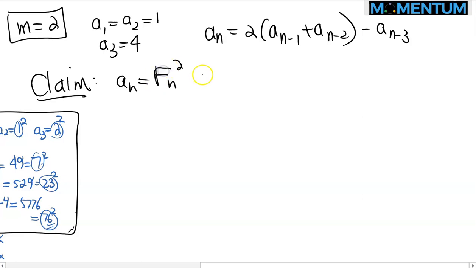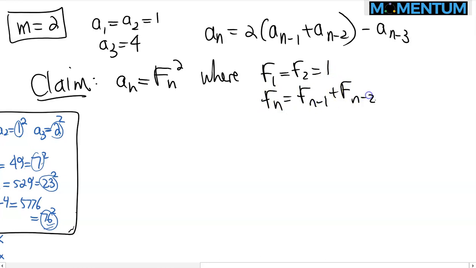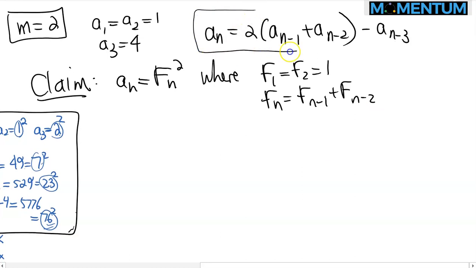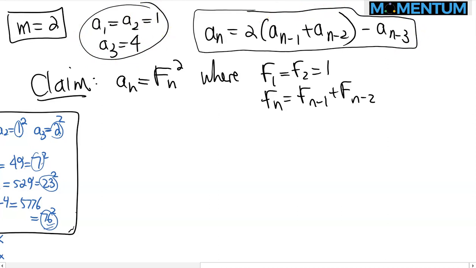F sub n squared, where f sub 1 is equal to f sub 2, which is equal to 1, and f sub n is equal to f sub n minus 1 plus f sub n minus 2. So I want to show you that if there is such a sequence a_n which satisfies this recursive relation as well as these initial conditions, then necessarily that sequence a_n had better be the Fibonacci numbers squared.